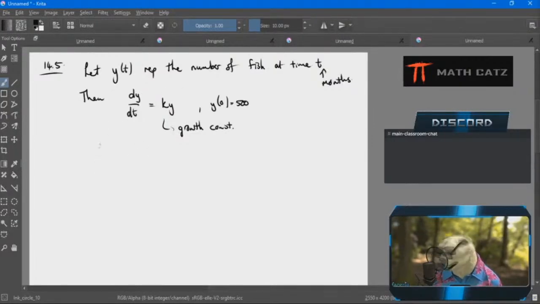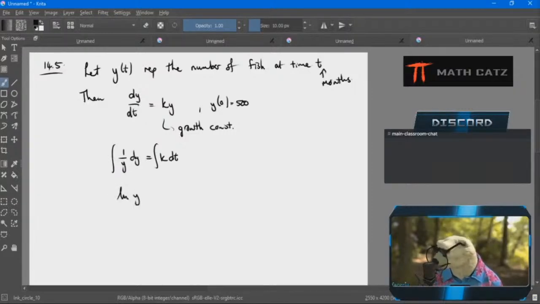Then, just to practice and prepare, I show how this differential equation leads to my exponential growth function. Then 1 over y dy is equal to k dt when I separate the variables. I integrate both sides.